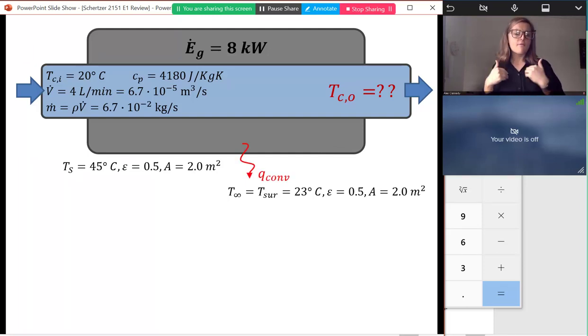So from the outer surface of my material, I'm going to be convecting heat to T infinity, and I'm also going to be communicating with the surroundings by radiation. So there's going to be radiation heat loss and convective heat loss.